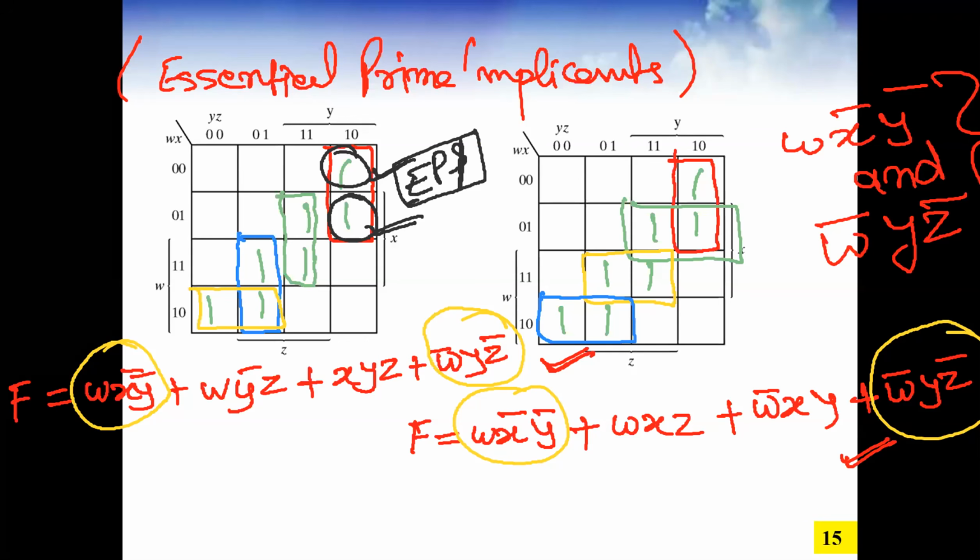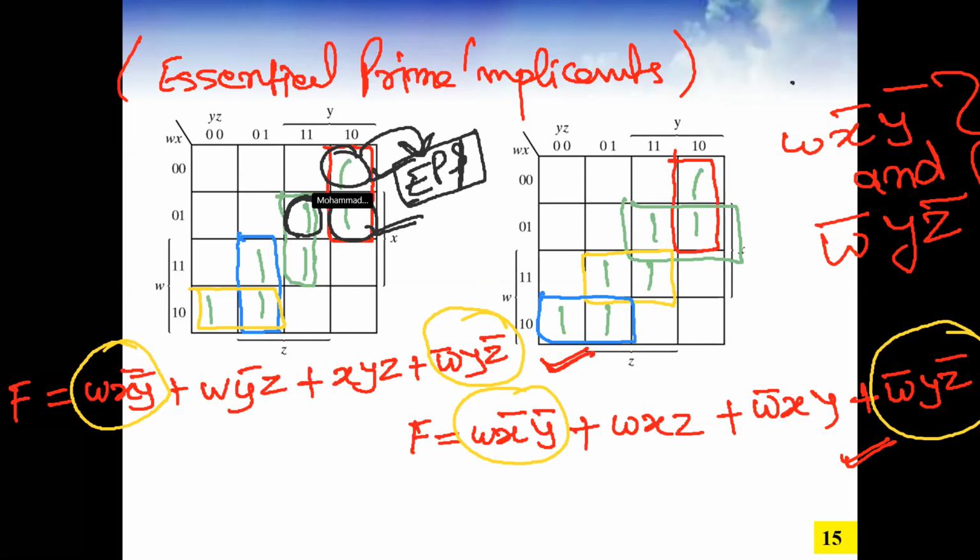Green color. When I move to the green color, focus on the first minterm. Can you combine this minterm any other way, other than how it is combined in the green group? Yes, we can combine with the neighbor horizontally.